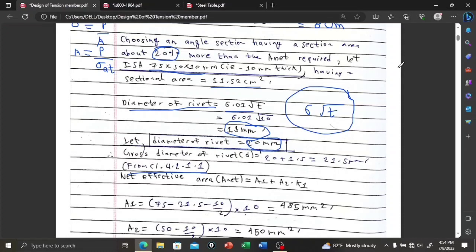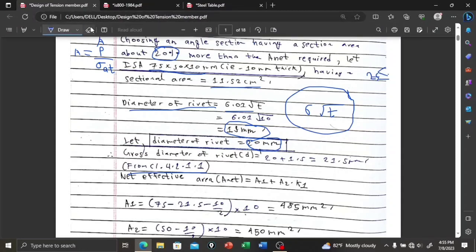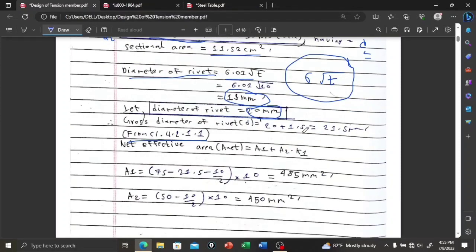According to this clause, if the nominal diameter is less than or equal to 25, we add 1.5, and if the nominal diameter is greater than 25, we add 2.